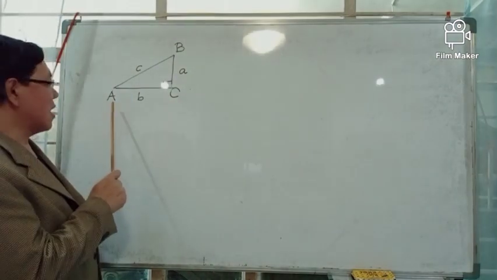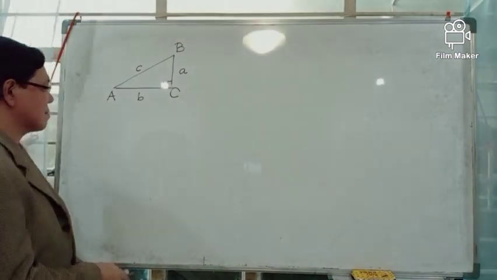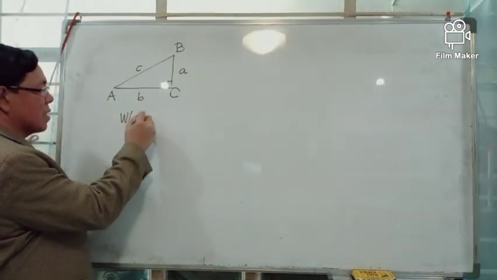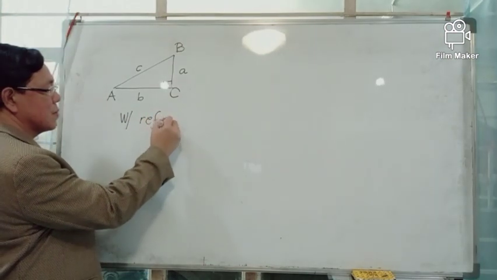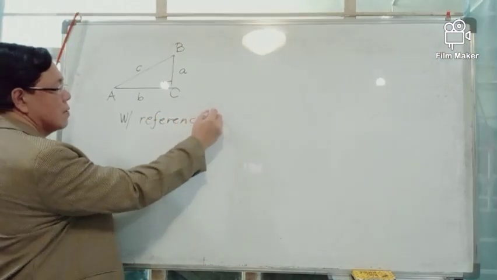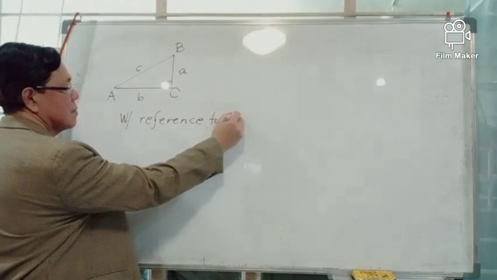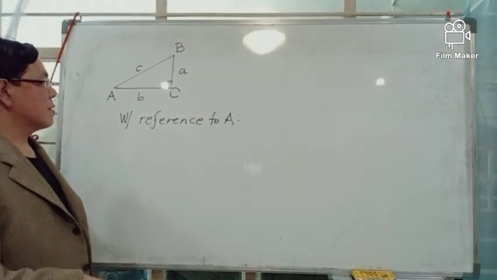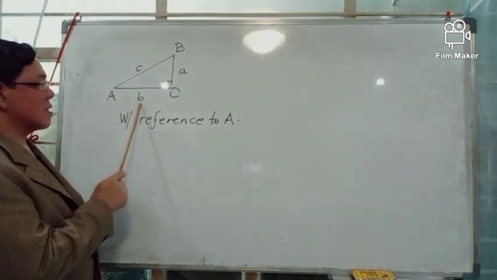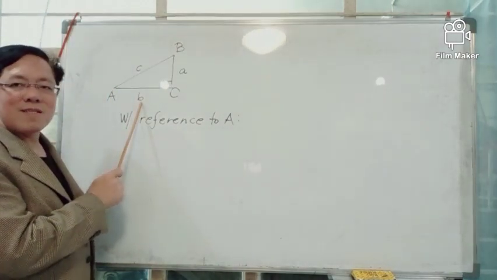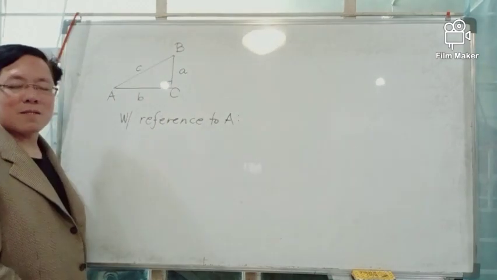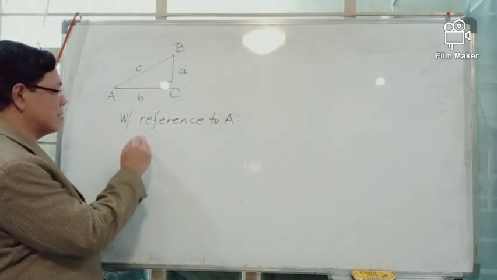We consider angle A. With reference to angle A, we say that this side b, the side through the vertices A and C, is the adjacent side.